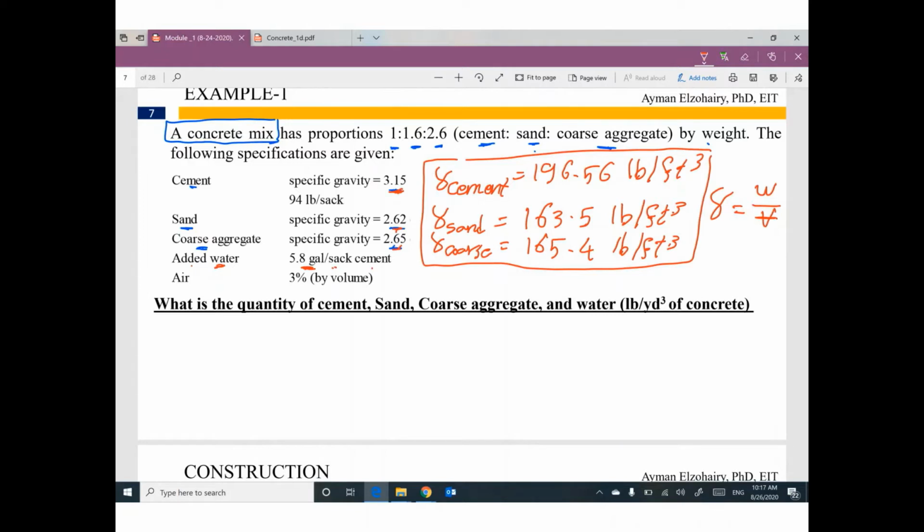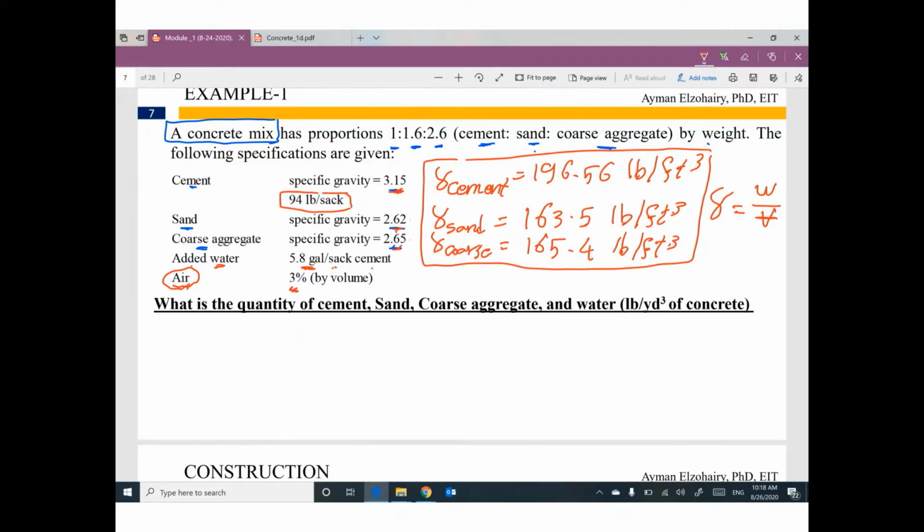And one sack of cement weighs 94 pounds. It's standard. And we have air, 3% by volume. Probably we have air inside the concrete mix. It will increase the volume by 3%.